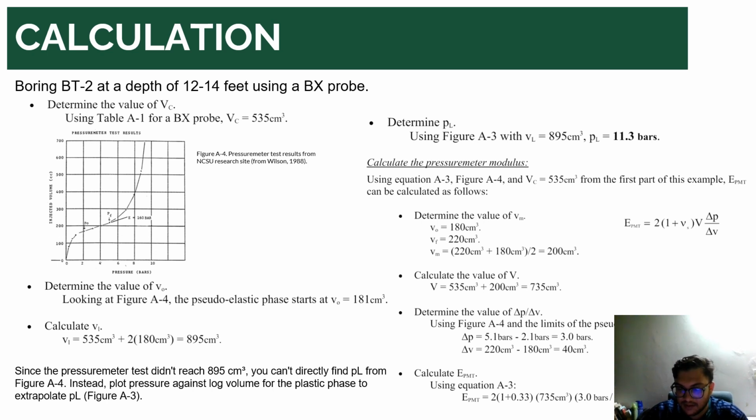Since the pressuremeter test didn't reach 895 cubic centimeters, we cannot directly find the pressure required to deform the soil to that volume. Instead, we can plot pressure against the logarithm of volume for the plastic phase to extrapolate the pressure required to deform the soil to 895 cubic centimeters.